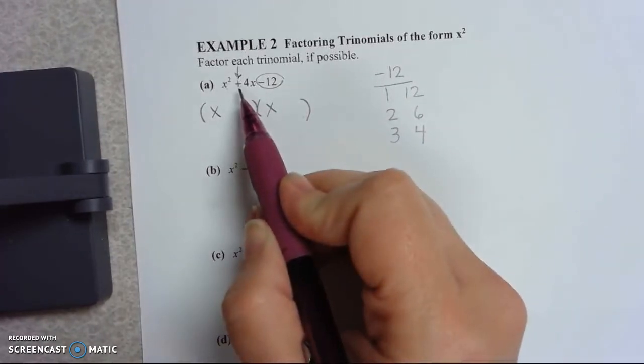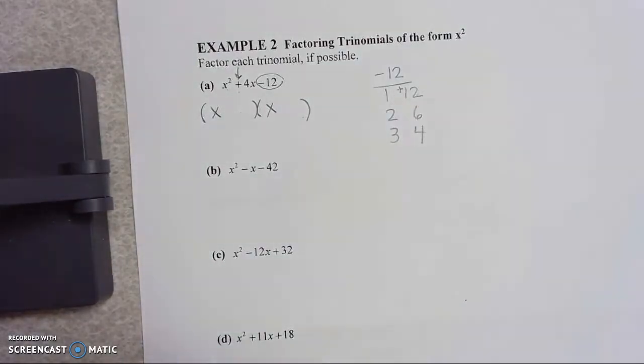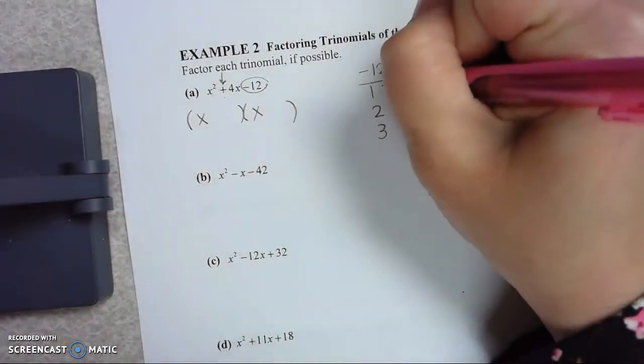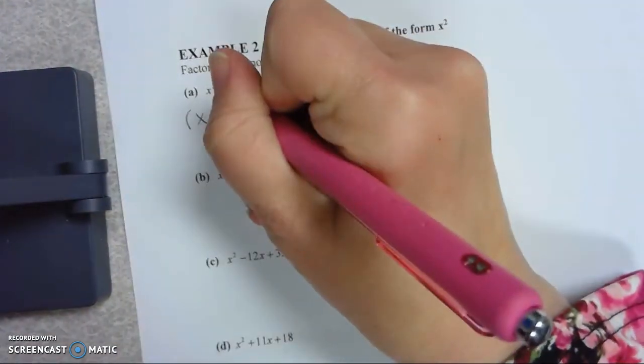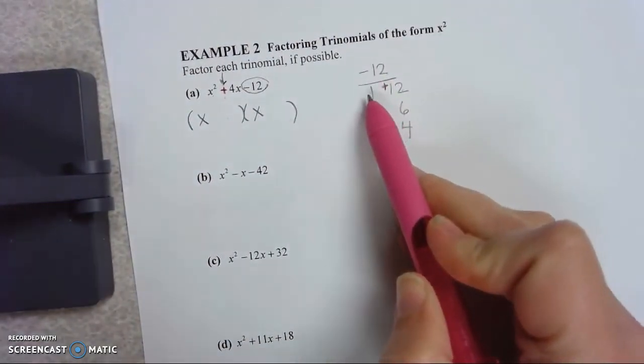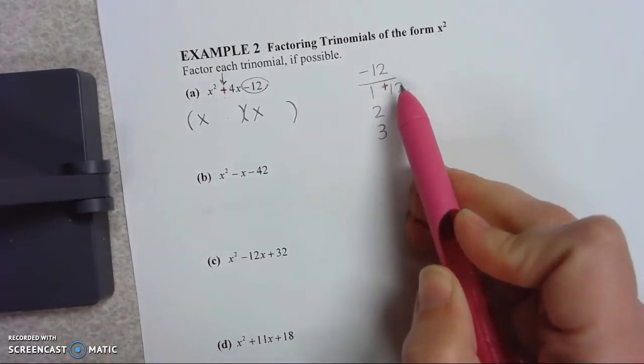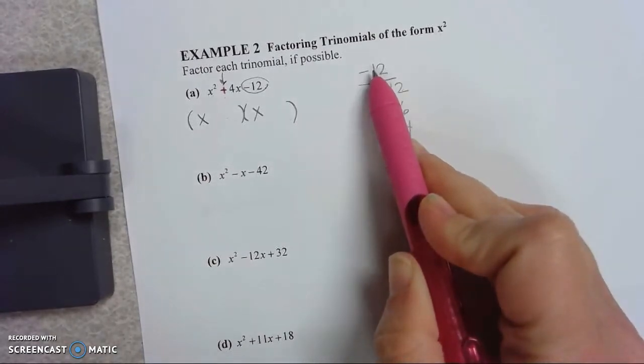This tells me it is positive, so I'm going to write a plus sign right there. And since 12 is negative in my problem, I know that this has to be negative. So when I say negative 1 times positive 12, I get a negative 12.